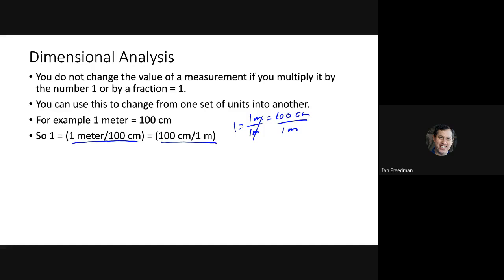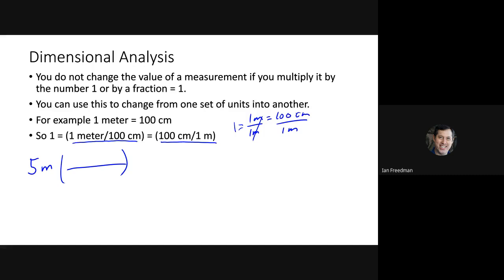Okay, so now let's say that you actually take a measurement and you get your value to be 5 meters. You could multiply 5 meters by 1, and that's not going to change the value of your measurement. You still have a measurement of 5 meters. So rather than multiplying by 1, we're going to multiply by a fraction where the top is equal to the bottom, so that they are equal to 1.